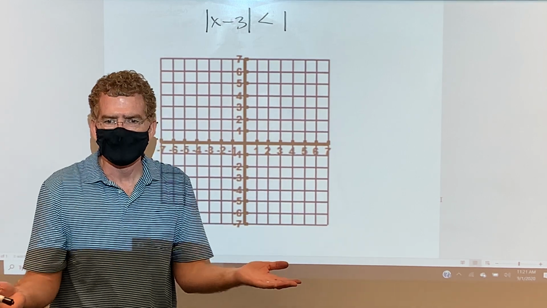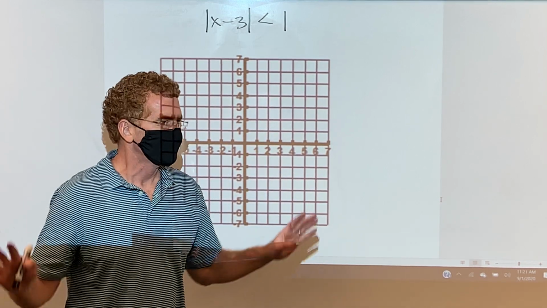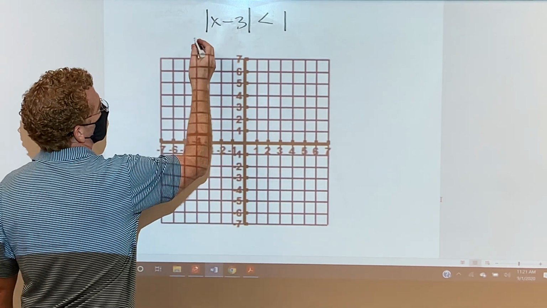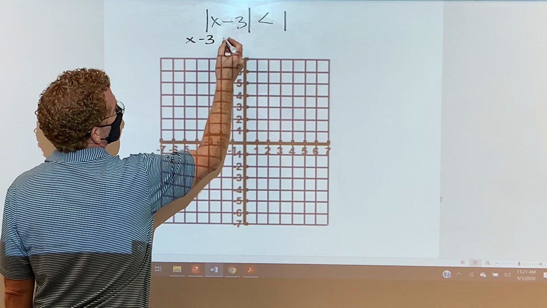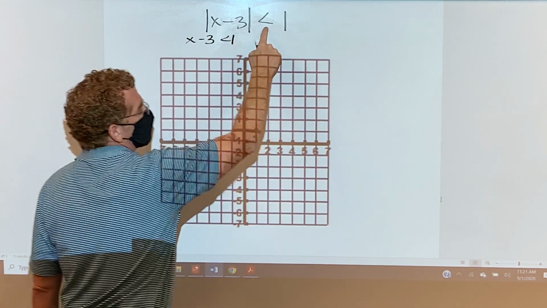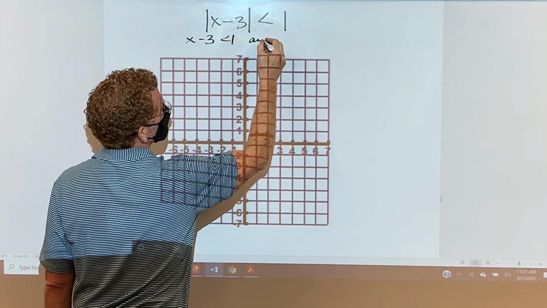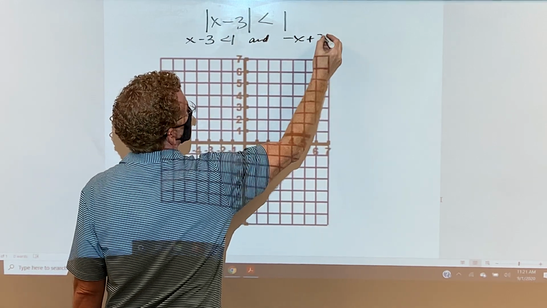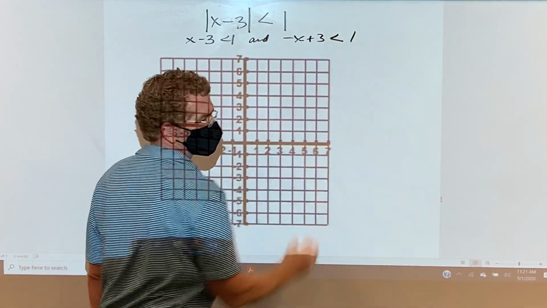So you have a plan. So don't create any new algebra, right? Just do what you know how to do. So I'm going to say, all right, this means that either x minus 3 is less than 1, or you could say negative x plus 3 is less than 1.